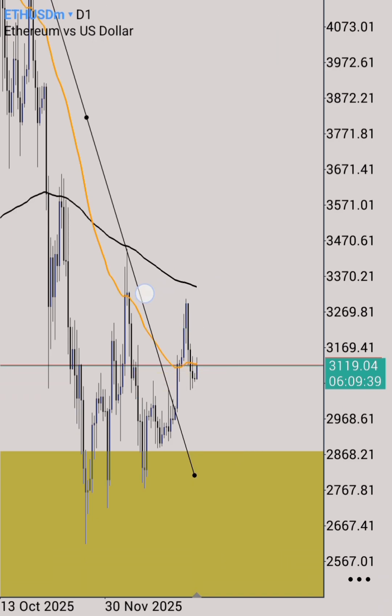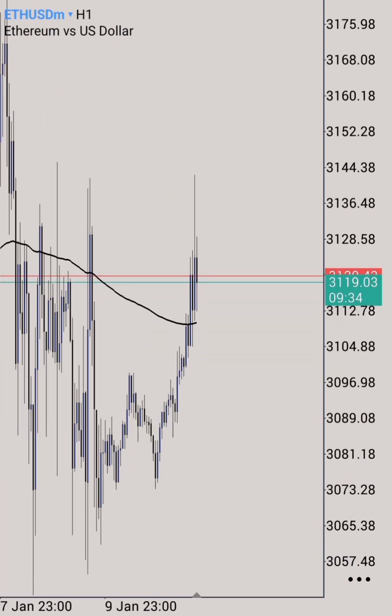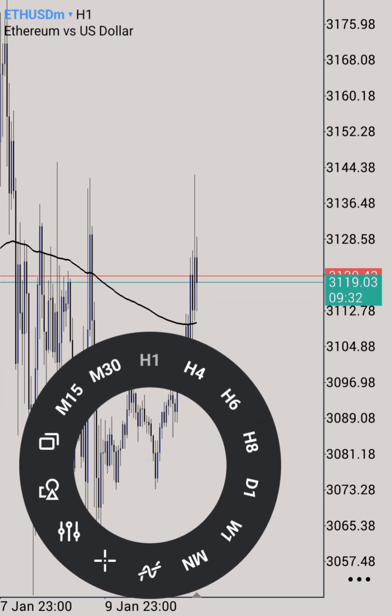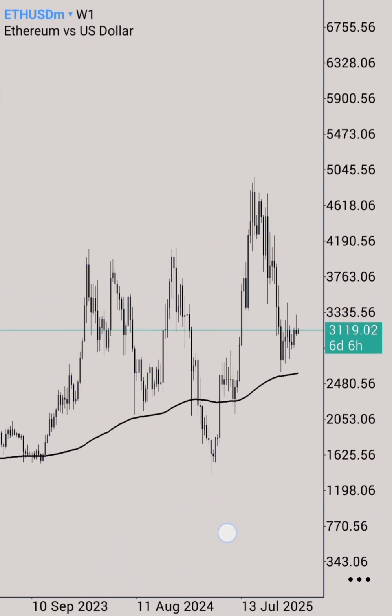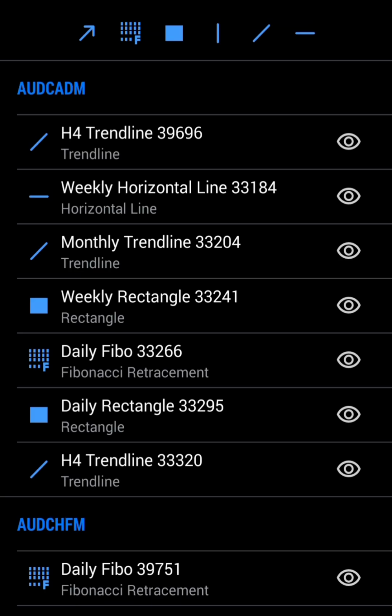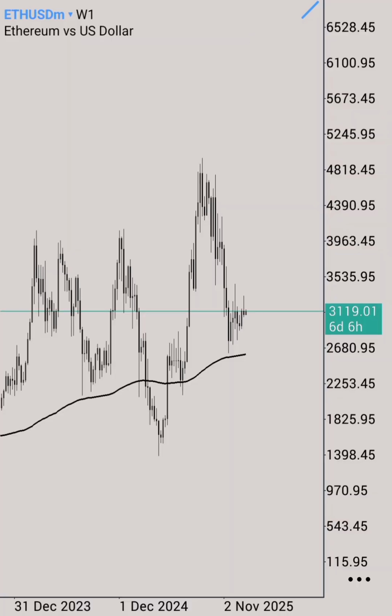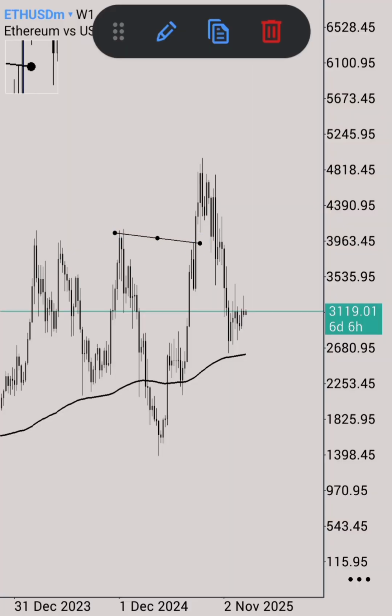I'll be explaining it here. All right, so clearly we could see that the market is in an uptrend. We could see the break of structure to the upside.